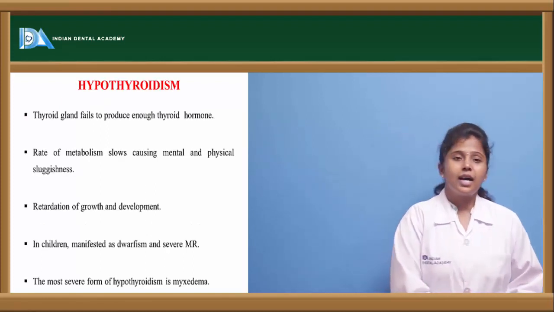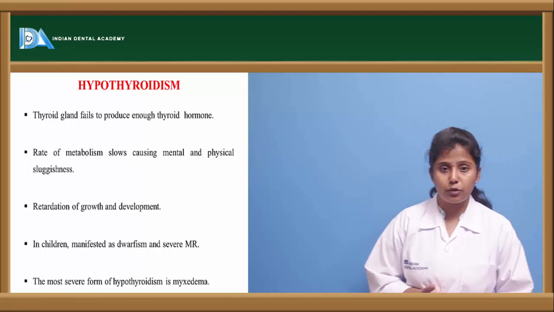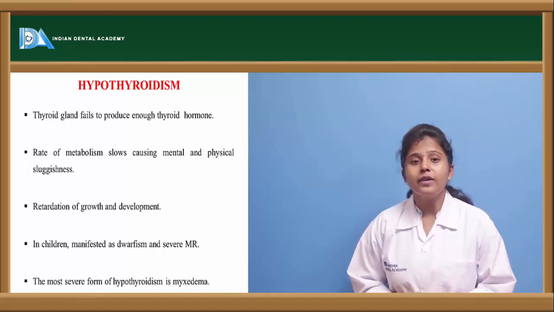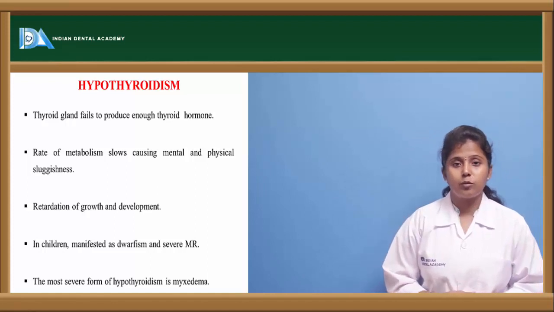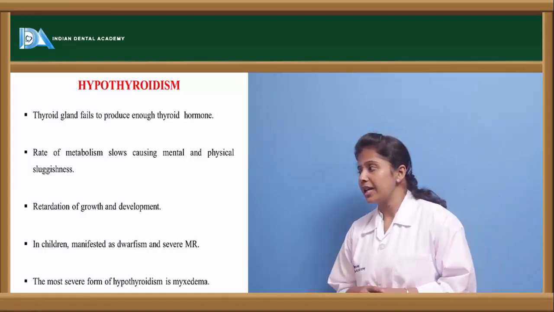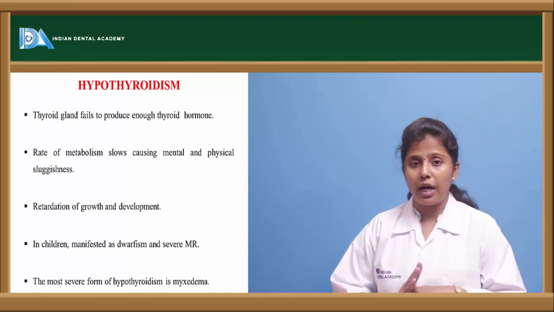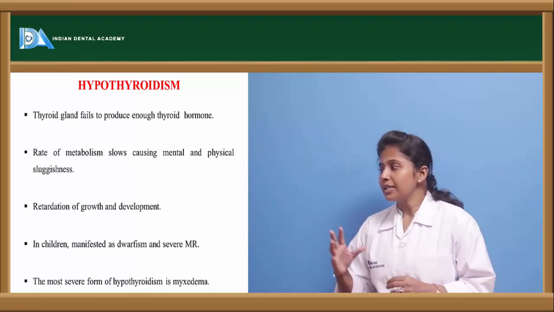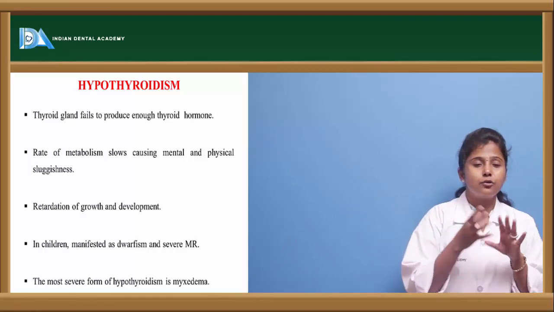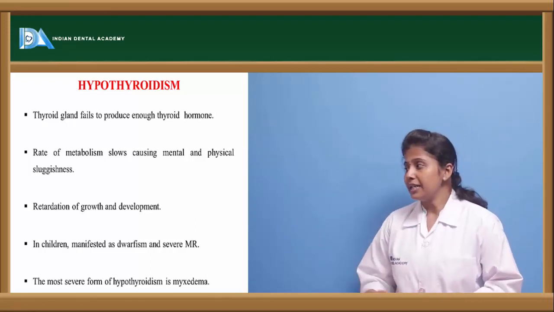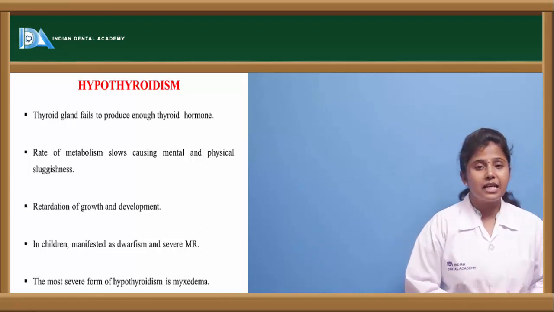Now let us see hypothyroidism. What is hypothyroidism? It is a condition where a lower amount of thyroid hormone is secreted. Here the thyroid gland fails to produce enough thyroid hormone. Once the thyroid hormone is secreted at a lower level, it causes low metabolic reactions, and thereby mental and physical sluggishness.